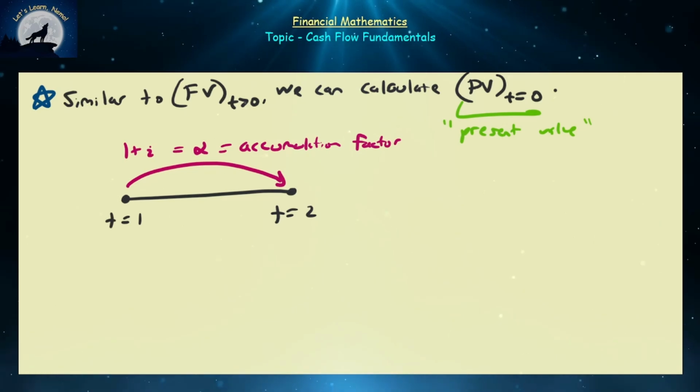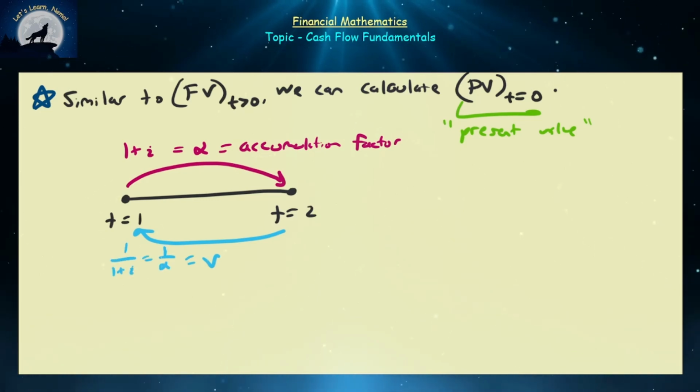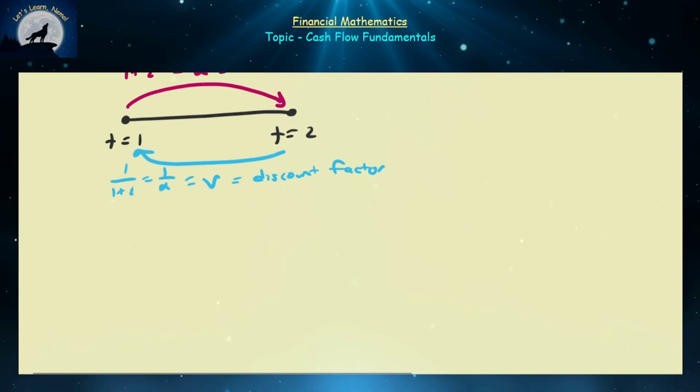And if we want to move money back in time, we're going to be using nu. Keep in mind that's going to be 1 over alpha, or 1 over 1 plus our effective interest rate. And this again is sometimes called our discount factor. So that's how we're going to move money back in time.